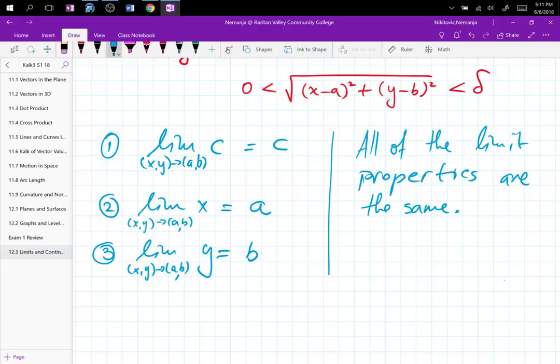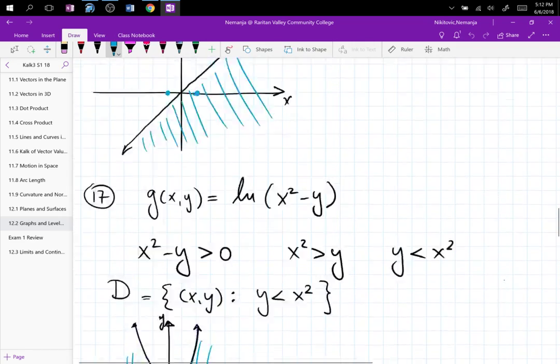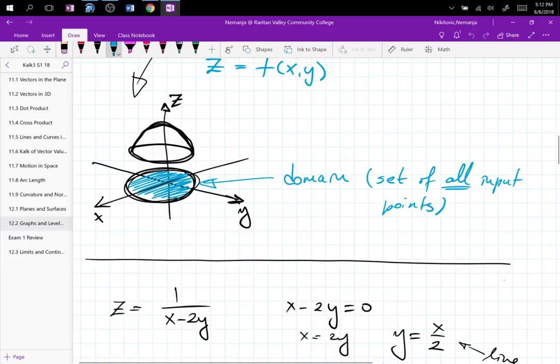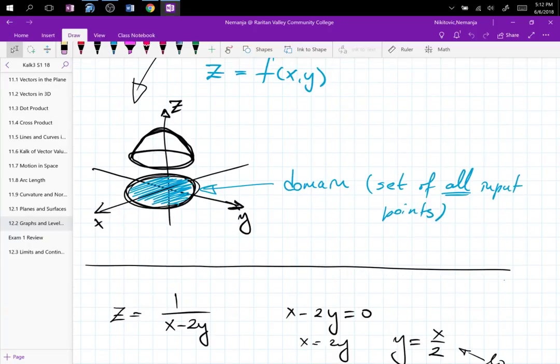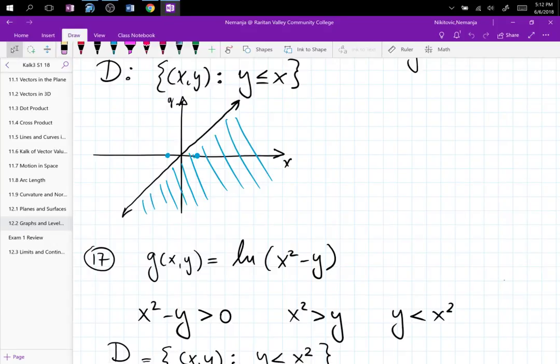And now we get to this issue of boundary points and situations when the limit does not exist. So please recall that in our previous lecture, we were looking for domains, and every time we figure out the domain, we draw the domain, and we know that the set of points that we want to use is inside the domain, and the set of points that we either don't want to use or can't use are outside.